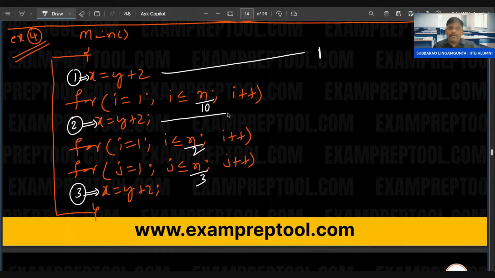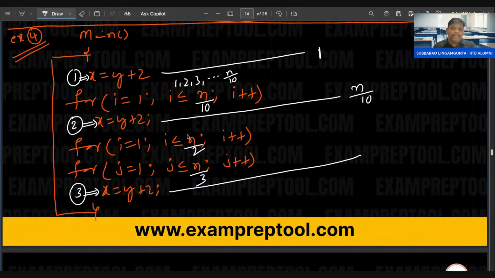Second statement order of magnitude, if you see, 1, 2, 3, and so on, n by 10, right? Third statement order of magnitude, if you see, each i value 1, 2, and so on, n by 2. j value every time n by 3, right?